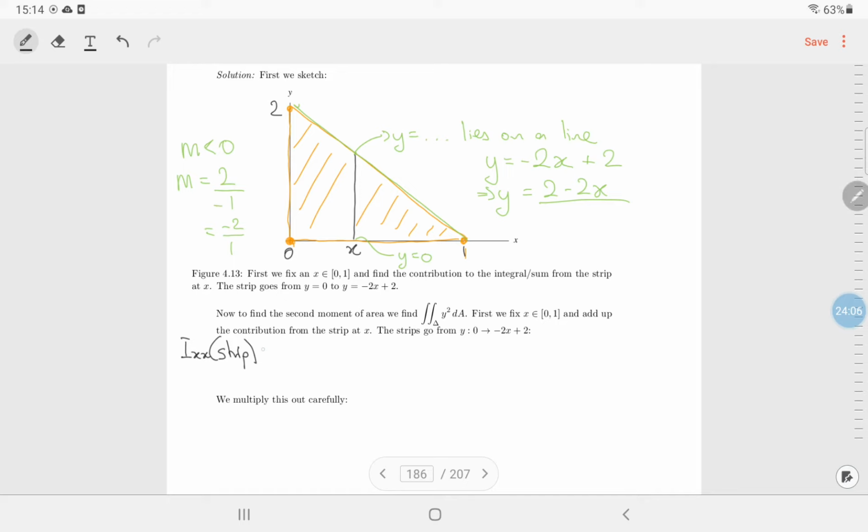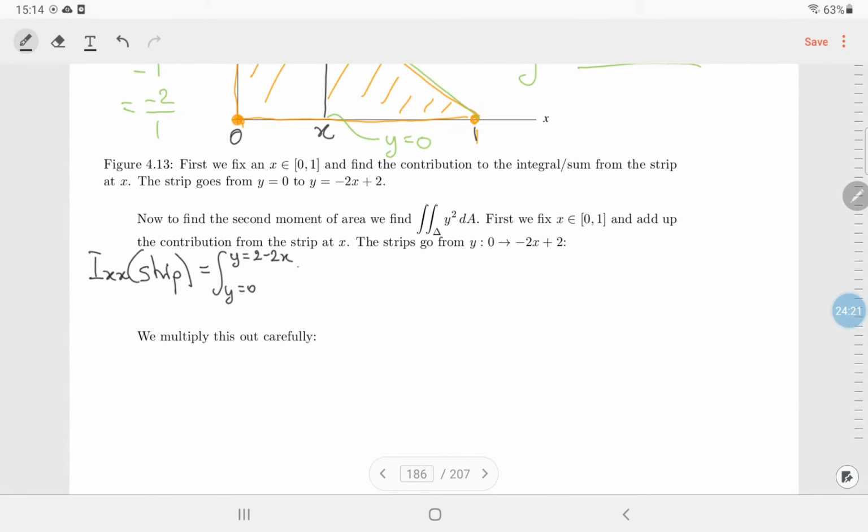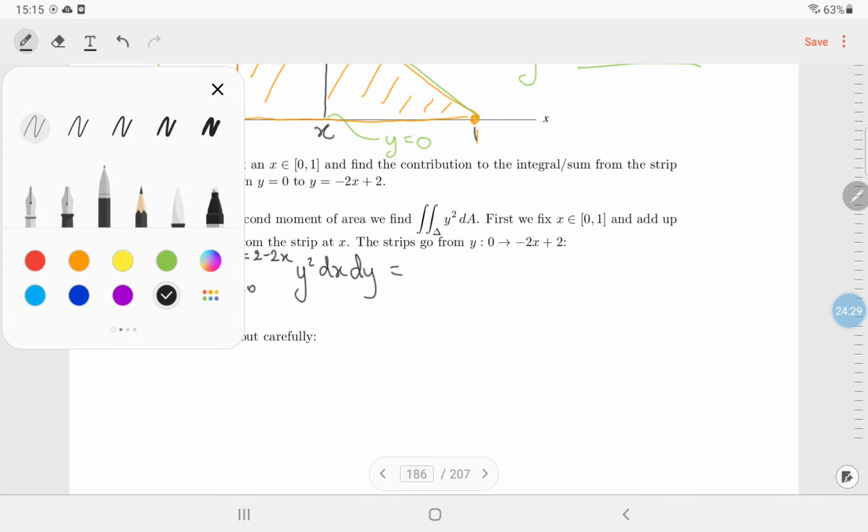So this is to add up from y equal to 0 to y equal to 2 minus 2x. What are we adding up? y squared dx dy. Now just for space reasons, I'm not going to write the next line that I normally write, just because there's no space.